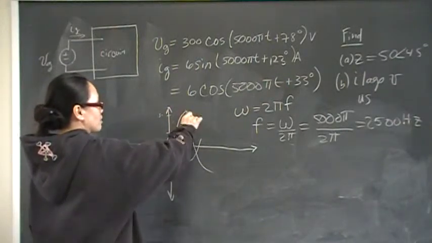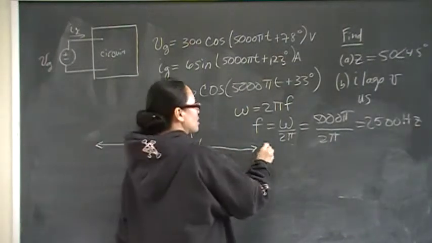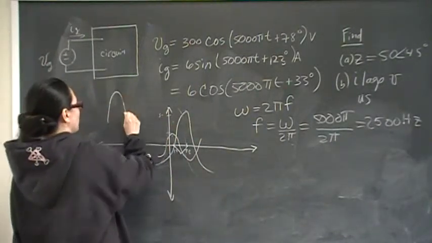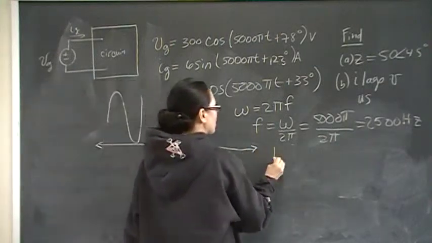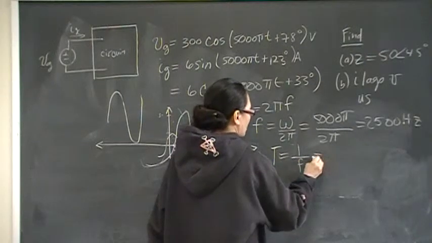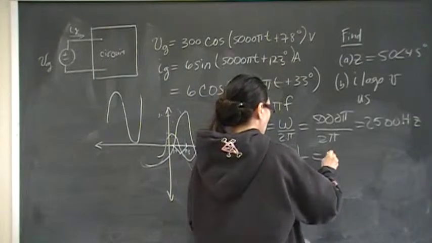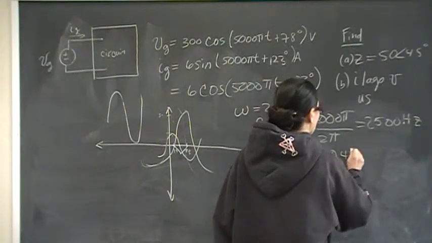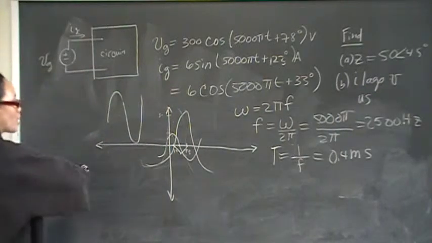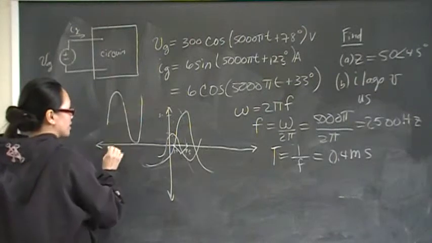So one period, which is one maximum to the next, T, is 1 over frequency. When you do that, you will find that this is 0.4 milliseconds. So in 4/10 of a millisecond, you have one period, which means a full rotation of 360 degrees.